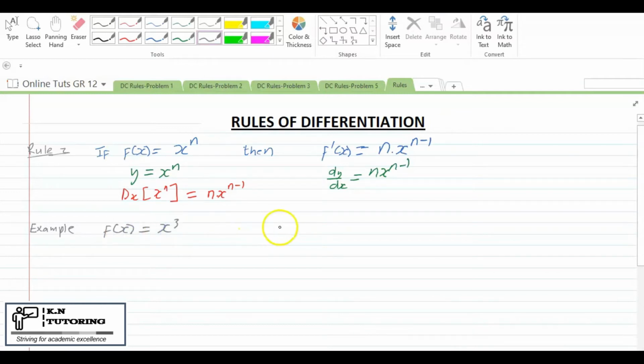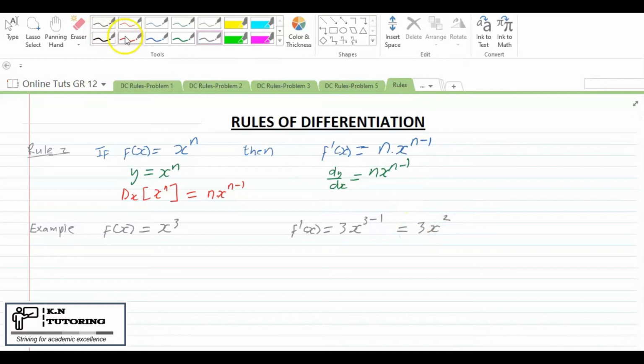Then the derivative will be f prime x equals, what happened here? My n in this case is 3, I drop it down, then I have x, then I take the very same 3 and subtract 1, which gives 3x squared.